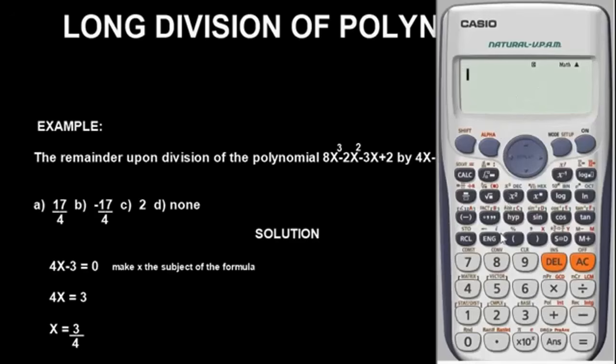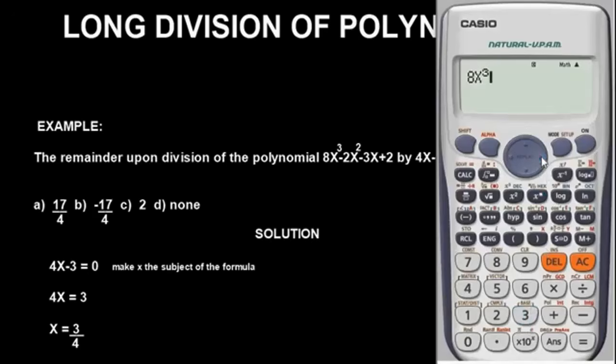So let's begin. We have 8x cubed. To bring out x, we press alpha first, alpha, the button for x. You need to press alpha before pressing the x button. If you just press x alone without pressing alpha, x will not come out. So there we have 8x cubed. You make use of this power button.